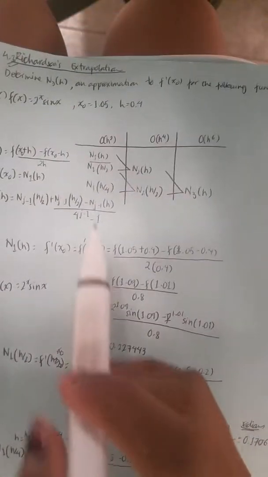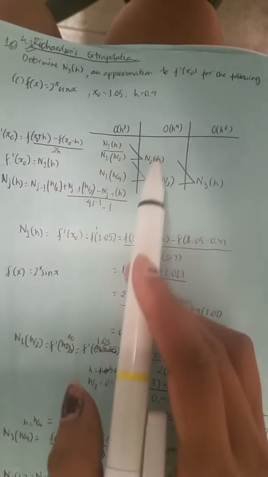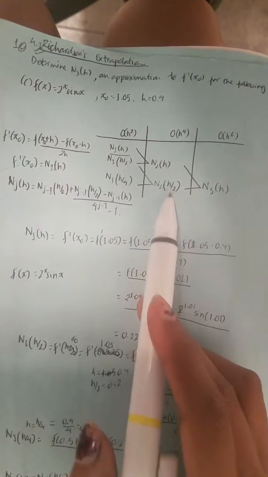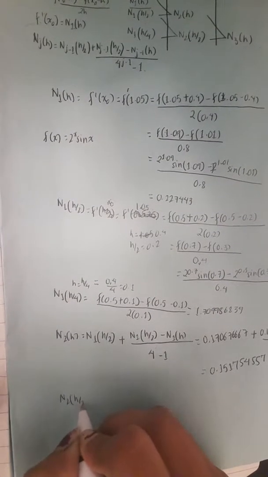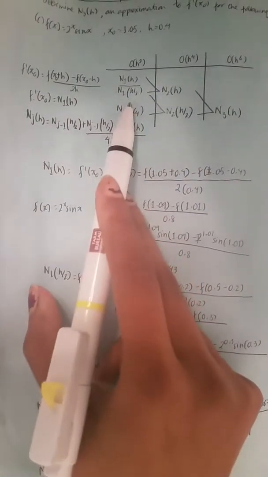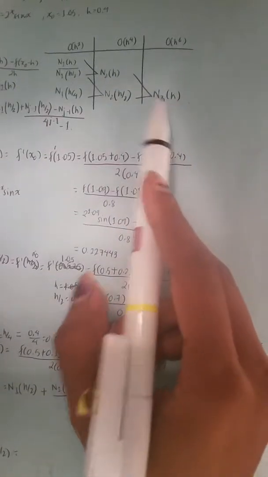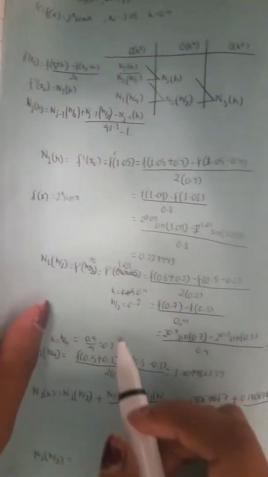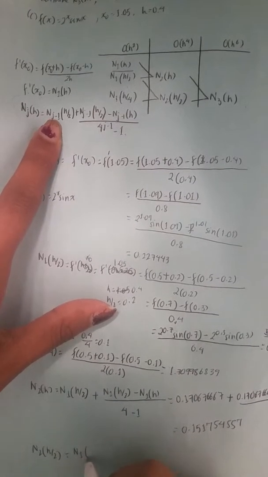Don't forget, we are told to calculate N3 of h. For that, we need N2 of h over 2. We get that by calculating these two, because to get here, we need these two. If I follow the formula over here, it is N1 of h over 2.